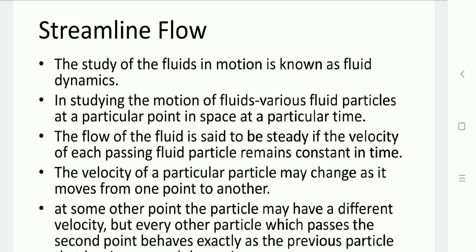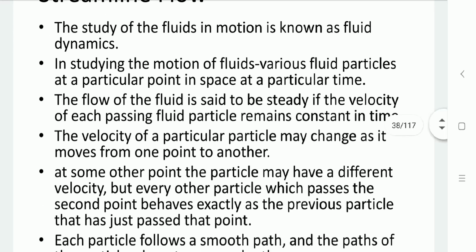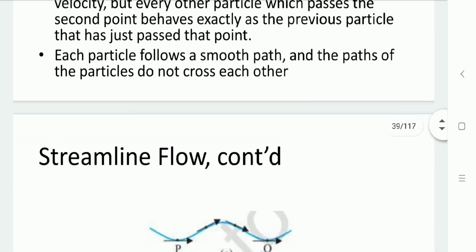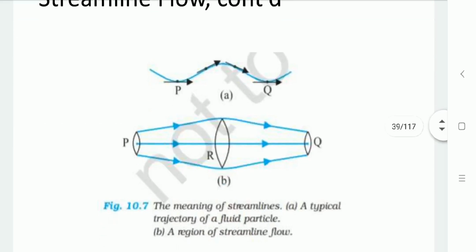The particle at a point may have a different velocity, but every other particle which passes the second point behaves the same as the previous particle. Each particle follows a smooth path, and the paths of these particles do not cross each other. This defines streamline flow.